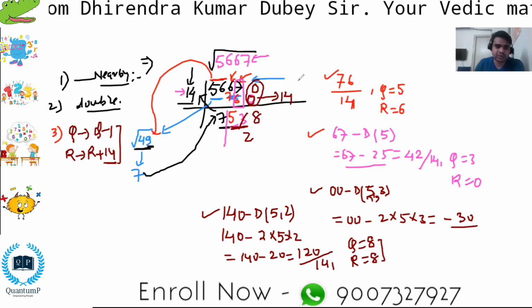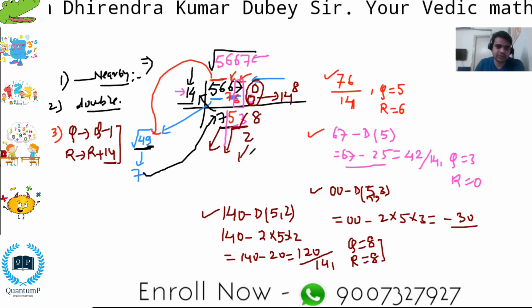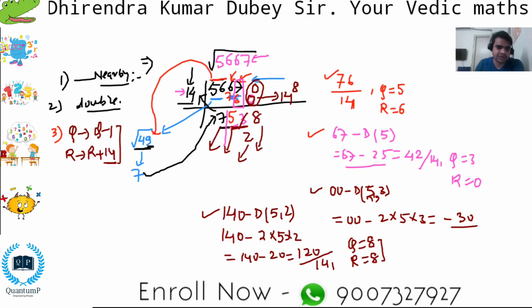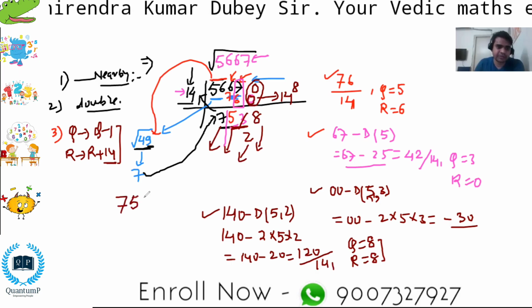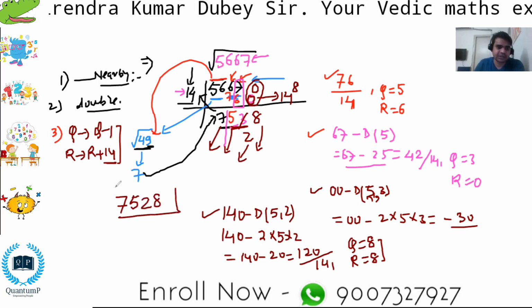Now we will observe what else we have got. What are the numbers we have got? First digit we have got 7, then we have got 5, then 2, then 8, right? After getting this, we will see how many digits there are in this question. We have 4 digits, 5 6 6 7, right?